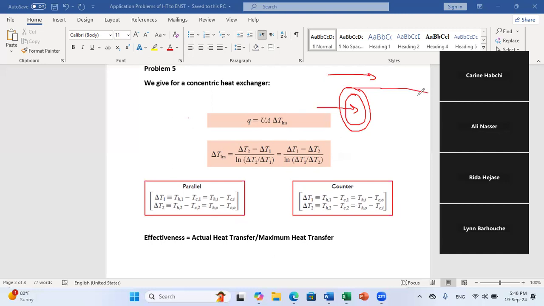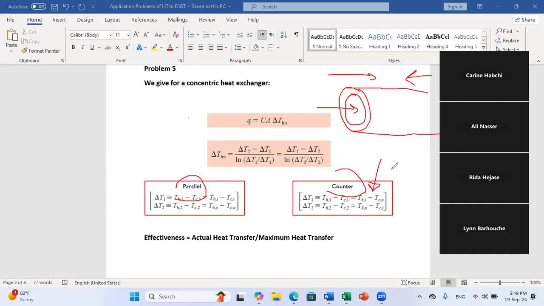And we can have two configurations: parallel, where the two flows have the same direction and same sense, and counter, which has opposite sense. In general, the counter configuration is more efficient, and we'll discuss why.